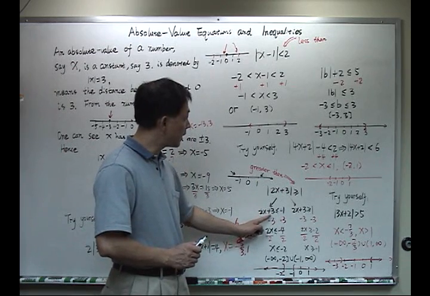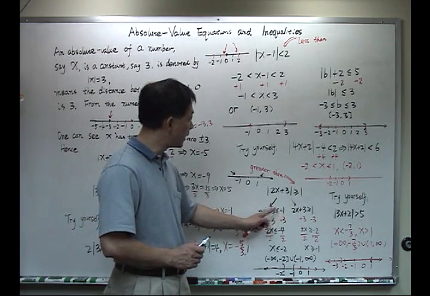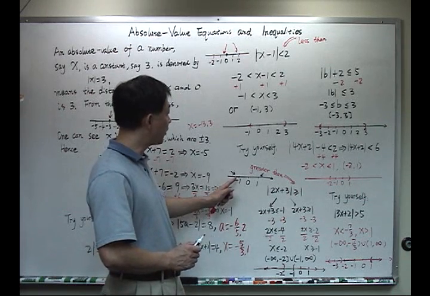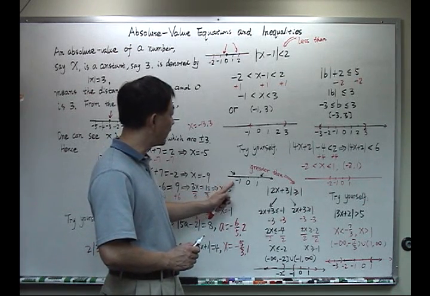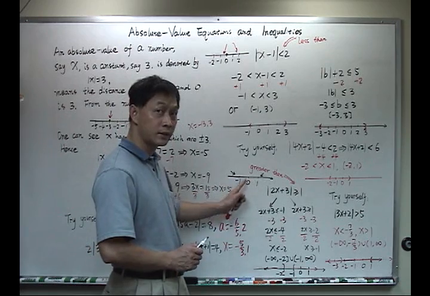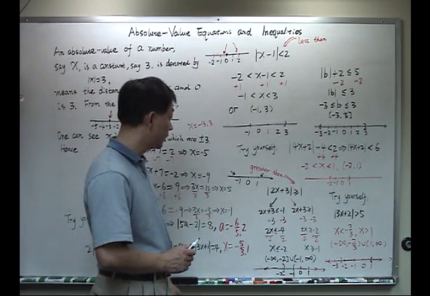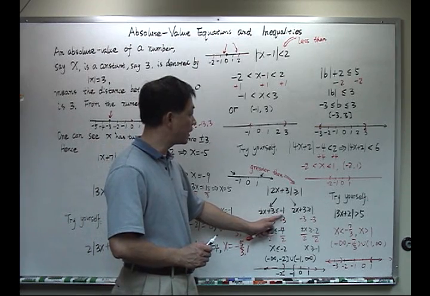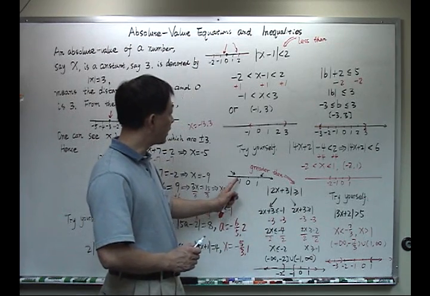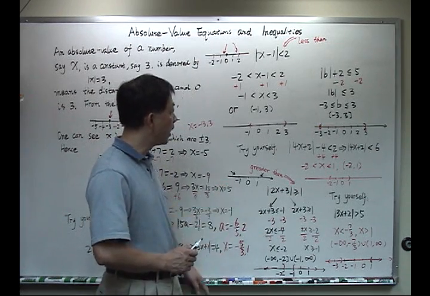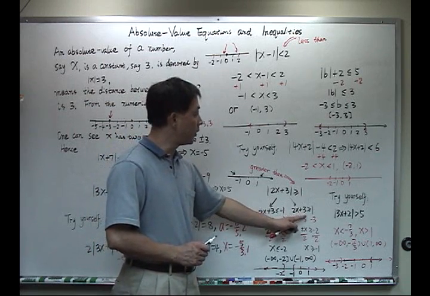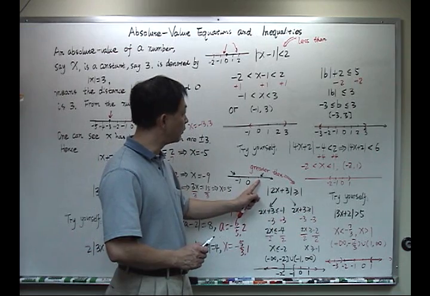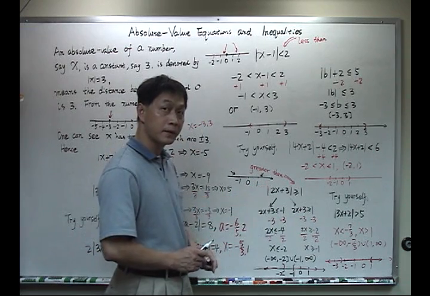And 2x plus 3 less than or equal to negative 1 means the left-hand side, because the left-hand side is always less than the value on the right-hand side. So, 2x plus 3 less than or equal to negative 1, on the left-hand side of negative 1, or 2x plus 3 greater than or equal to 1, on the right-hand side of 1. It says that.